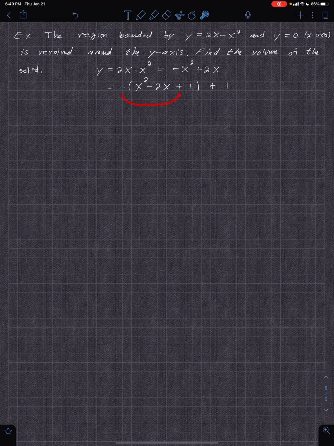So this is negative 1, so you have to add the opposite. That factors to negative x minus 1 quantity squared plus 1. That's the form a times x minus h quantity squared plus k, so we know the vertex is h, k. So the vertex is 1, 1.